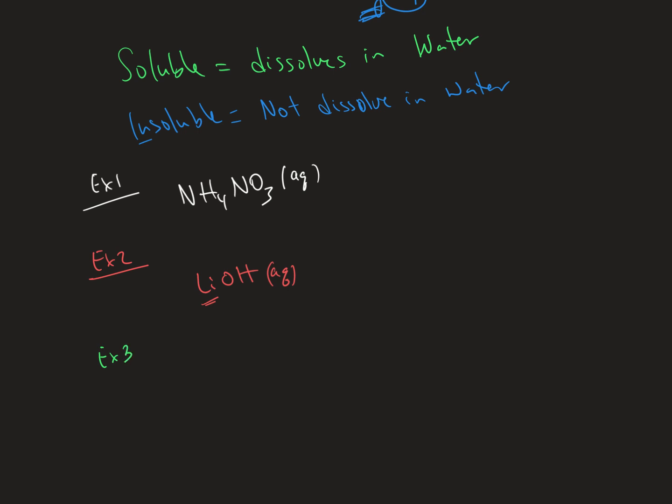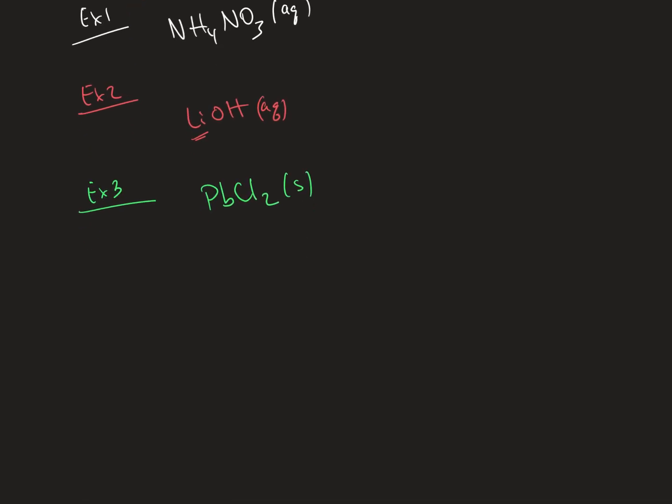Example 3. PbCl2. Solid or aqueous? Solid, because the lead 2 plus is an exception. So it's not soluble, insoluble. Good? And then example 4, we have iron 2 hydroxide.